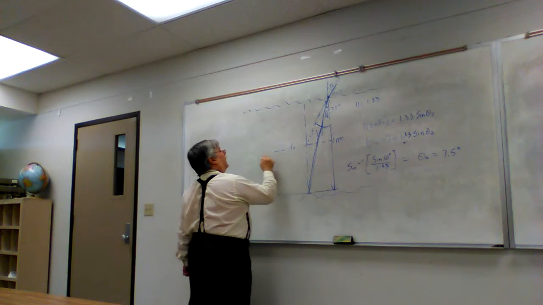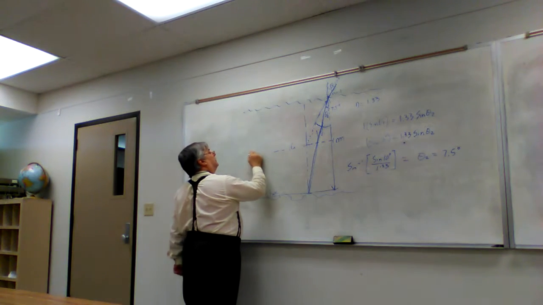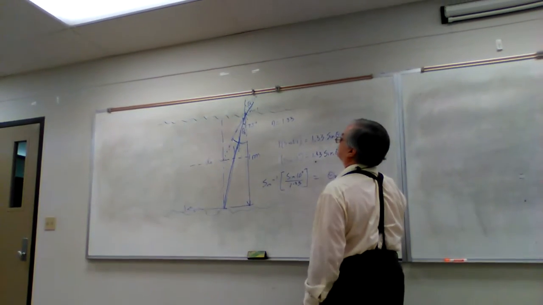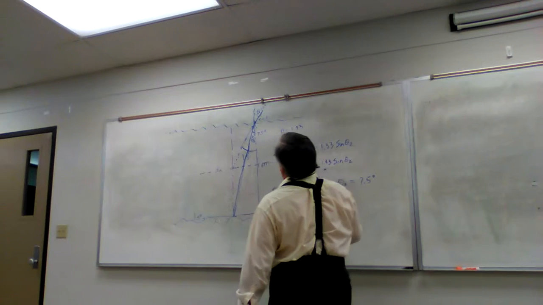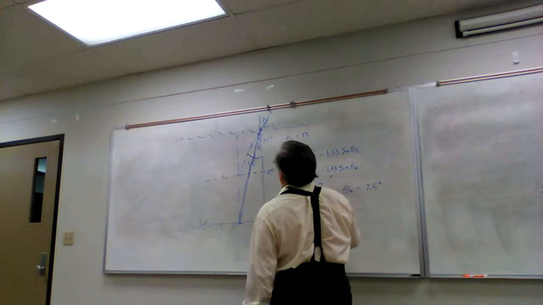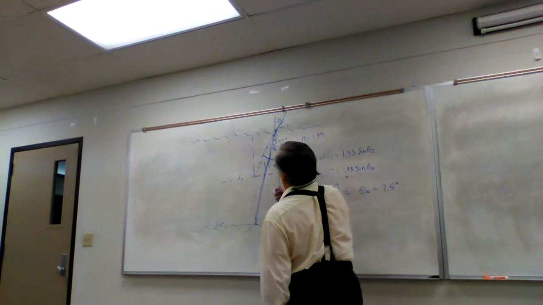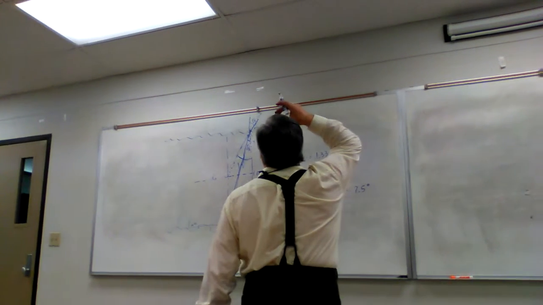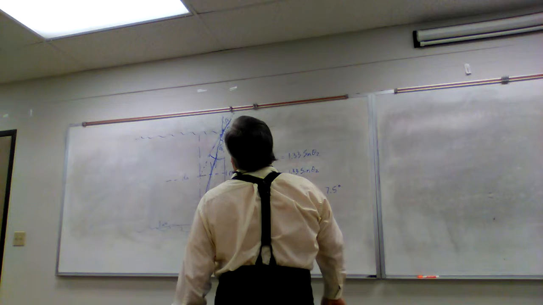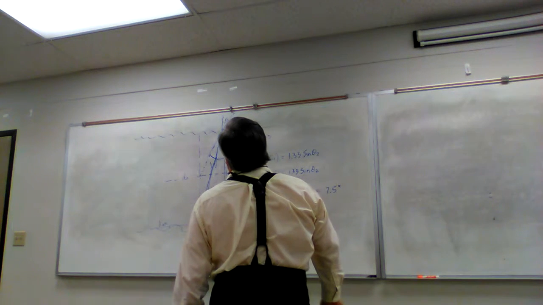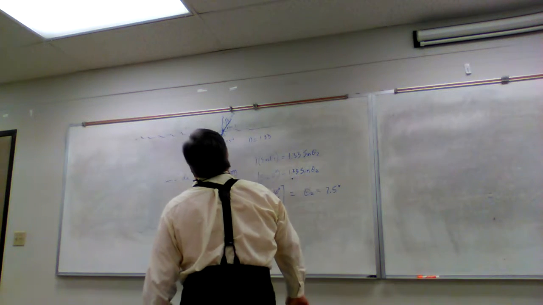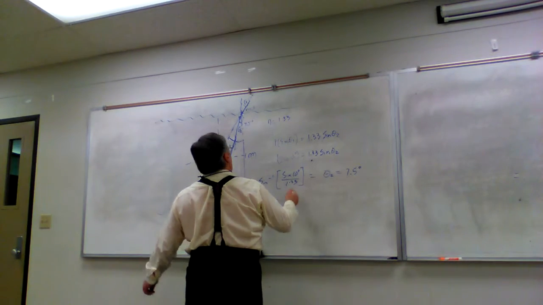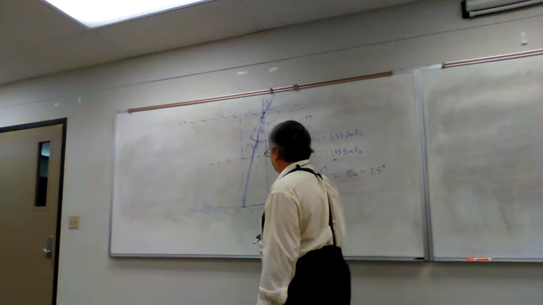Which means our apparent depth is going to be the sine, well, what would the sine of 10 degrees be? 0.17.